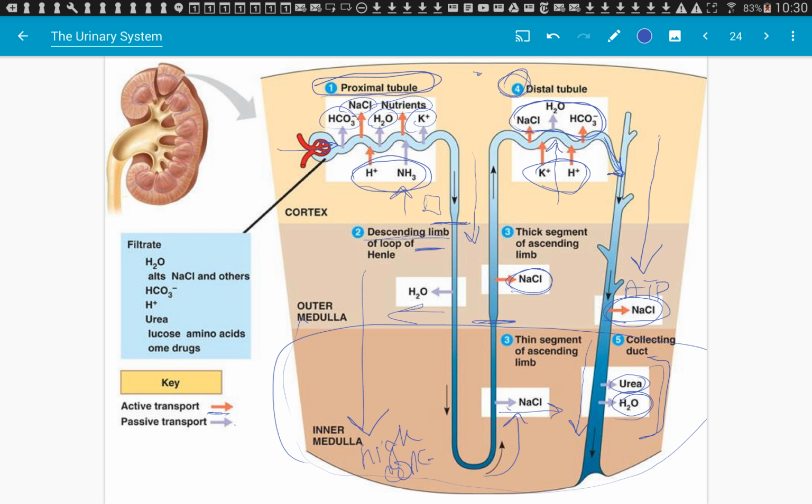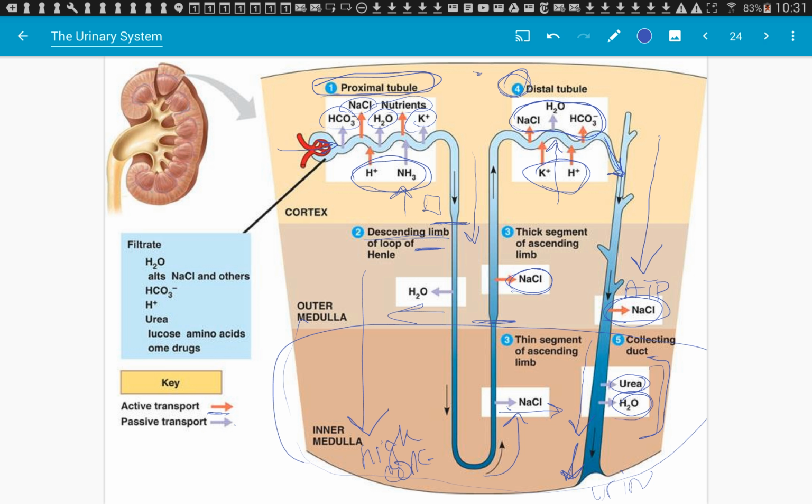And so it's very helpful when you need to reabsorb extra water, for example, if your body is dehydrated. Okay, so then finally, at the very end of the collecting duct, you finally have your finished urine product, okay?